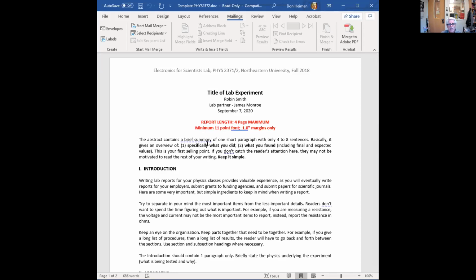I measured blah, blah, blah, blah. Number 2, what you found. I found that this happened when I did this, and this happened when I did this, and I got a value of this for this. And that was a little bit smaller than what I expected because the blah, blah. Okay, keep it simple. 1 short paragraph, specifically what you did, what you found.